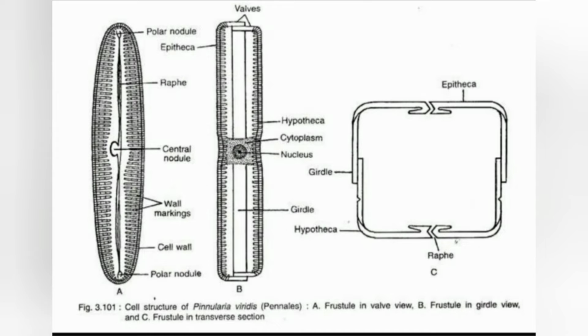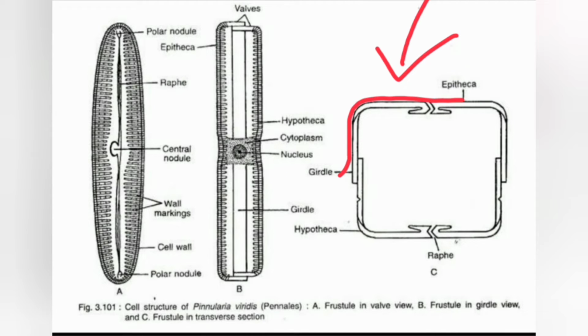All these diatom cells, although they may be of different shapes and forms, but talking about a single cell of diatom, suppose this one here, this figure C, it is a single cell of diatom, all right. It is known as frustule. So it is known as frustule, and as you can see, it is composed of two overlapping halves.